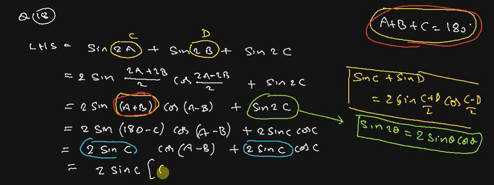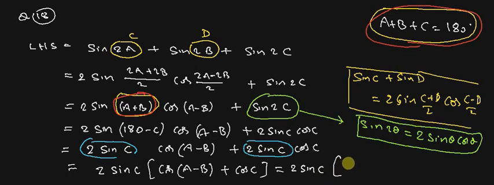Then what you will have here is cos of a minus b plus cos c. Understand, right? Next, this is equal to 2 sin c of cos of a minus b, and cos c is minus cos of a plus b.